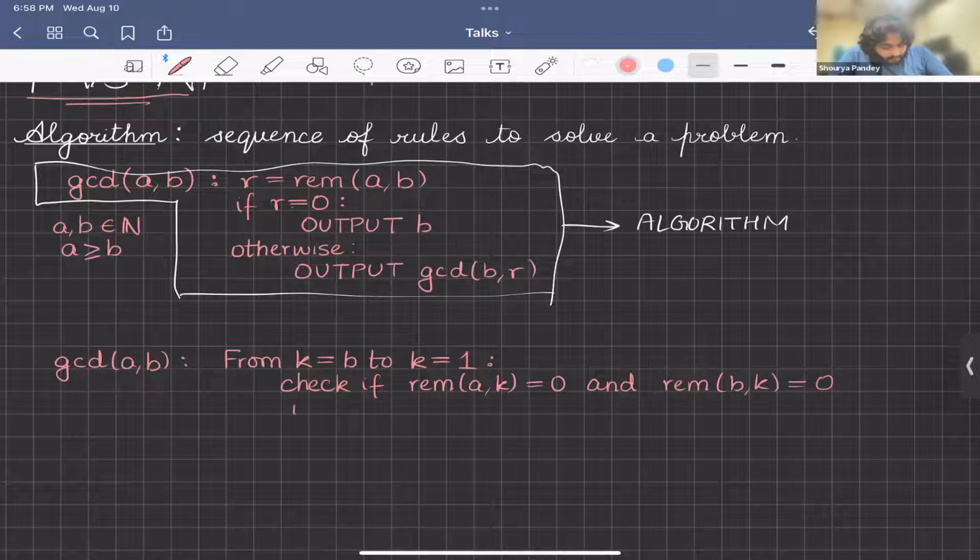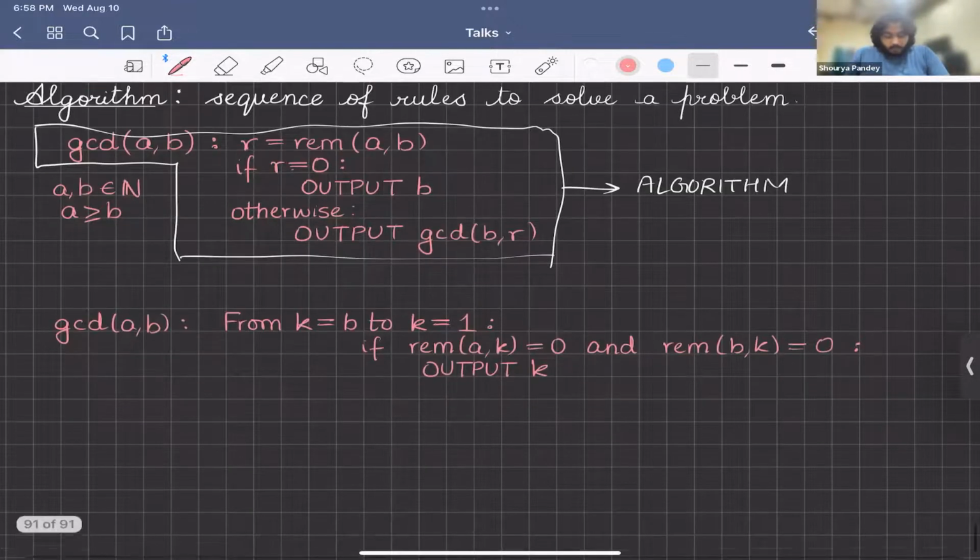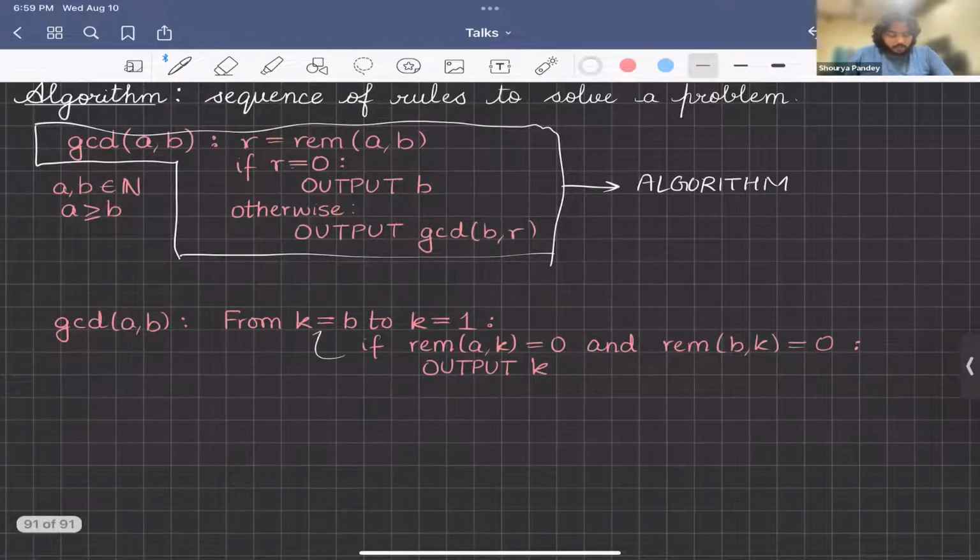If this happens, then just output K, because it's the largest number that divides both of them. So just keep doing it from B to 1. If you fail, then you reduce K by 1. Just keep checking which is the first one that divides both A and B. So these are both methods to find the GCD.